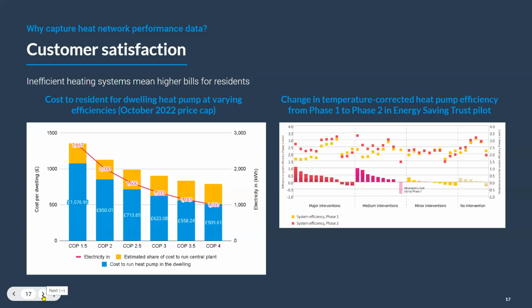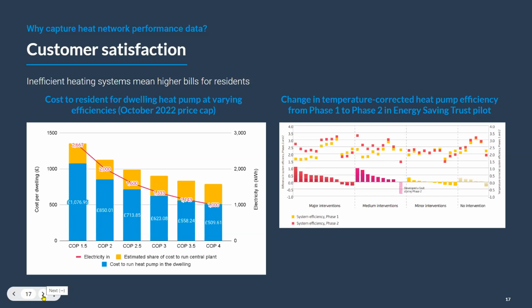However, it's clear to see the impact of inefficient heat pumps on customer bills through some simple modelling. The chart on the left shows the cost of electricity to power a heat pump generating 4,000 kilowatt hours of heat per year at different coefficient of performance levels. The y-axis on the left is total cost per dwelling for heat, the y-axis on the right is electricity consumption, and the x-axis shows different coefficient of performance levels.